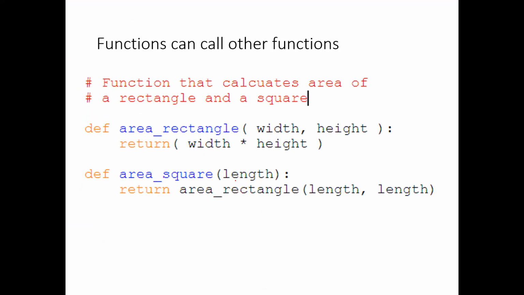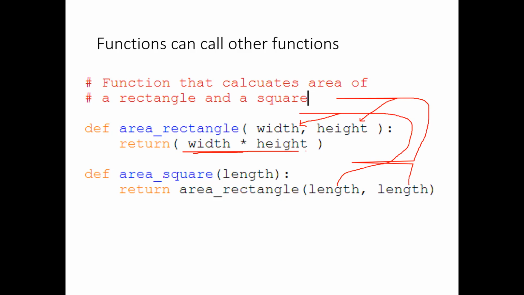So in this particular case, the length is passed into length and length here. So what happens? When you call area rectangle, this will be passed into here to width. Then this length is passed to height. Right? And then we have this answer, width and height. So that will actually return the value here. Right? So that will return back to the main program.